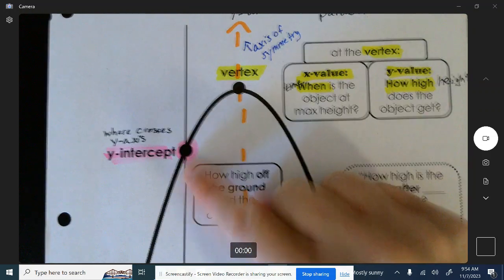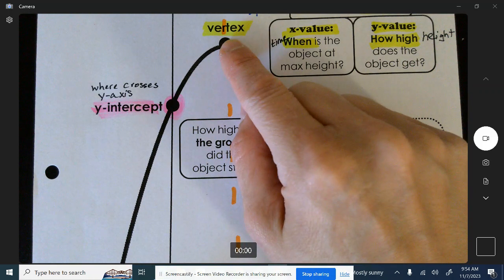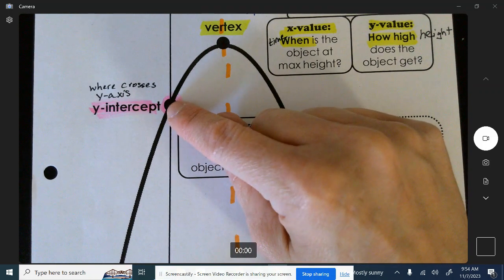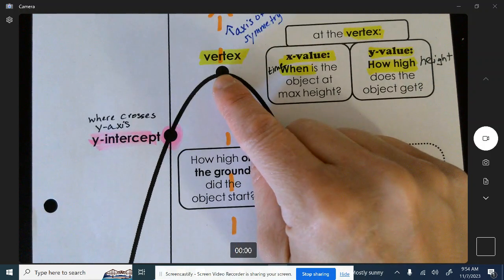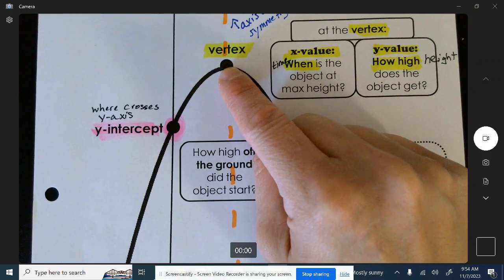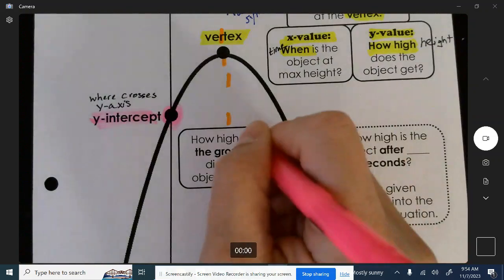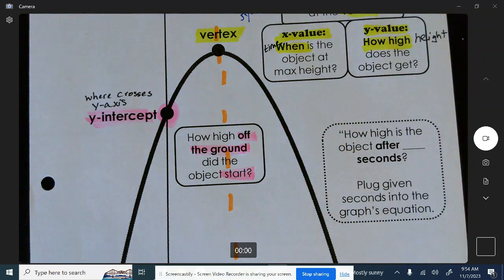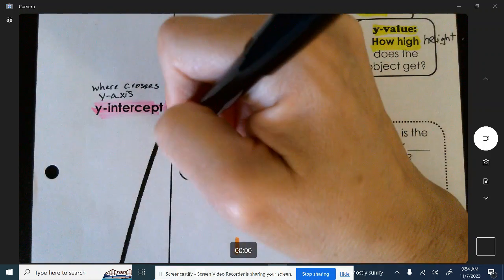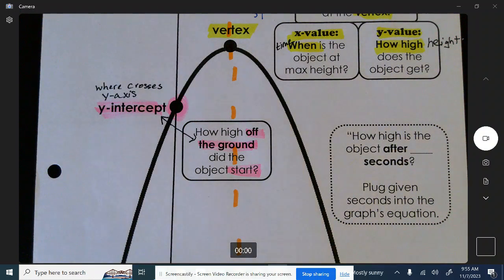The catapult is sitting so high up off the ground, and when the pumpkin is released, this height is the height it was released from, and then it goes up to its vertex, which is its maximum height. So the y-intercept tells you how high off the ground that object started.